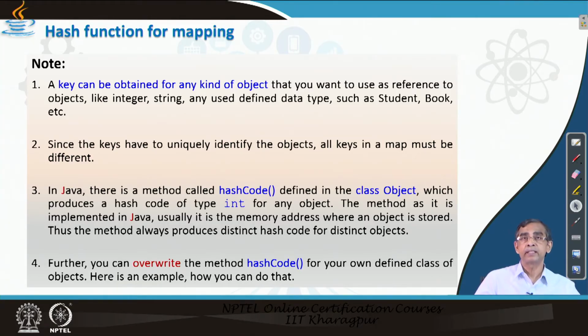Now, in order to resolve these issues, there is a concept called hash code. Hash code is one method which is defined in the Object class. The class Object is a superclass of all objects, defined in the java.lang package. This means that any object you define is a child of the parent class Object.